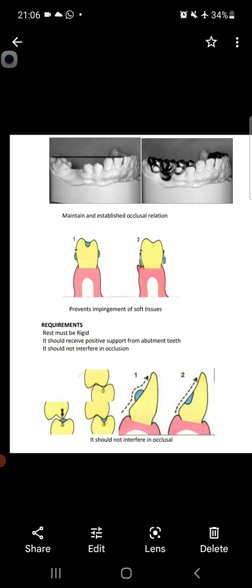Next, it should not interfere in occlusion. When we give an occlusal surface, it should not interfere in occlusion. Look at this diagram.